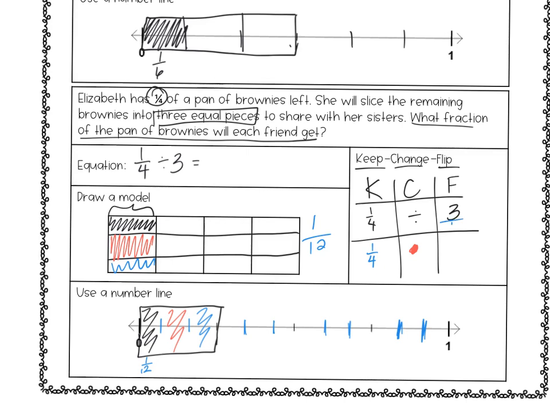We're going to take 3/1 and write its reciprocal, and that is equal to 1/3. And now we can multiply like a regular multiplication of fractions problem. So 1 times 1 equals 1, and 4 times 3 equals 12. So each sister will get 1/12 of the brownie.